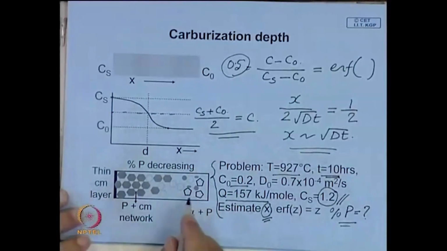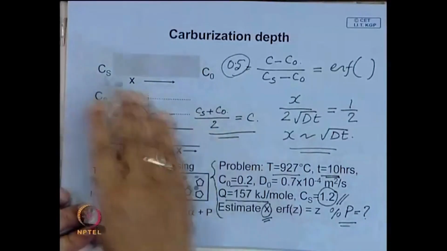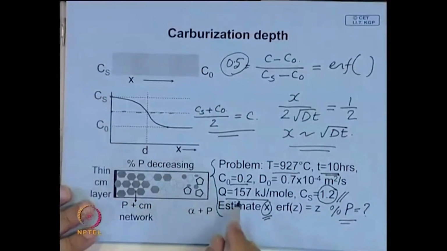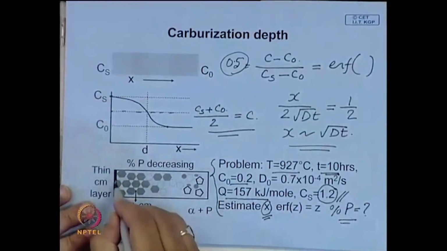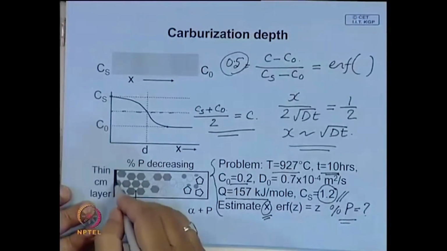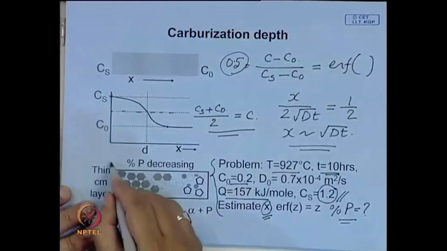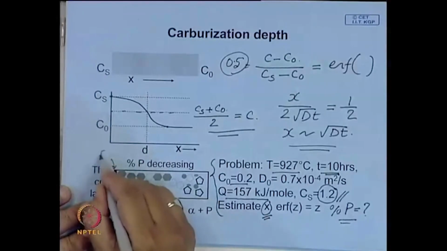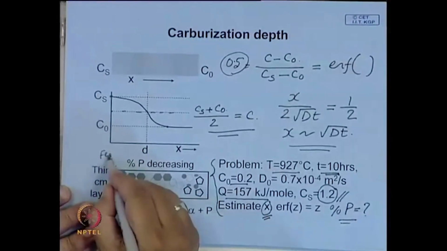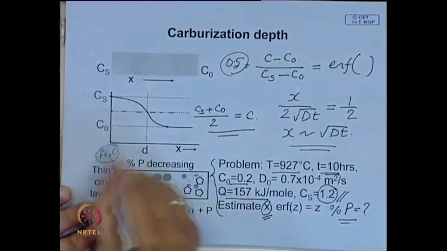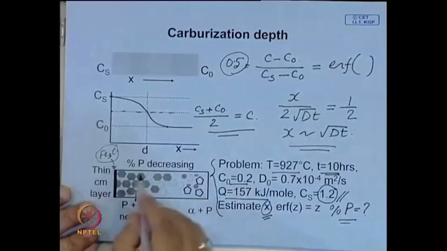If you look at the microstructure after this carburization heat treatment, you will find a thin layer, and in some cases it is reported, a thin layer of carbide which will be brittle, and during quenching it cracks and gets removed.